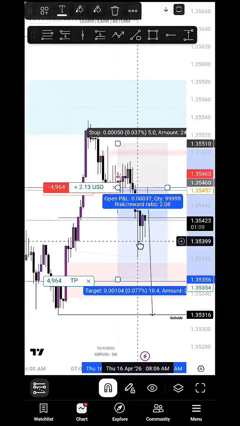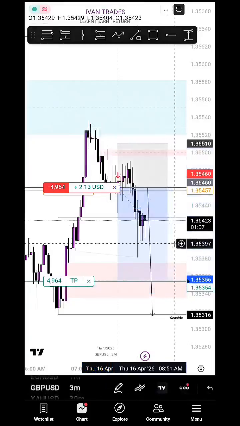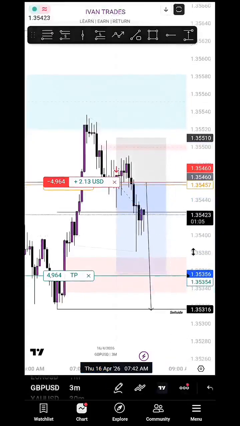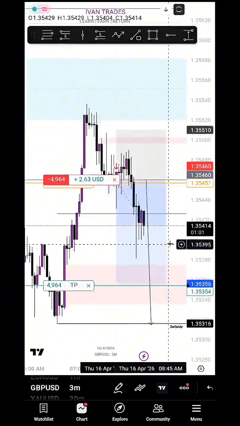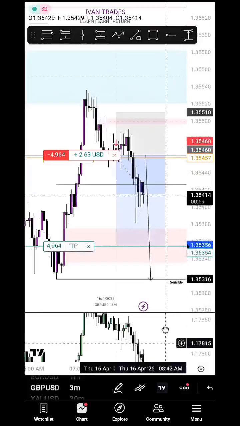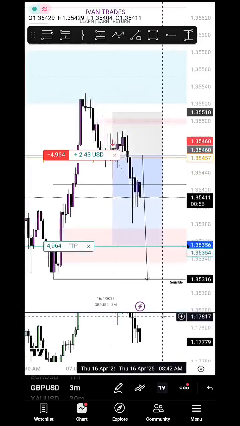Trying to enlarge this position sizing tool right here.